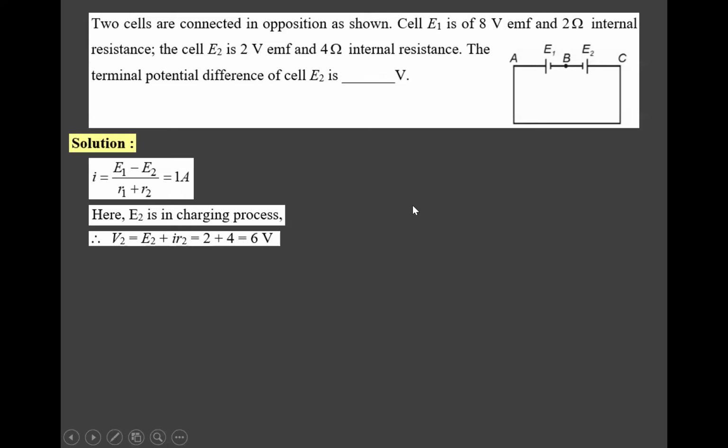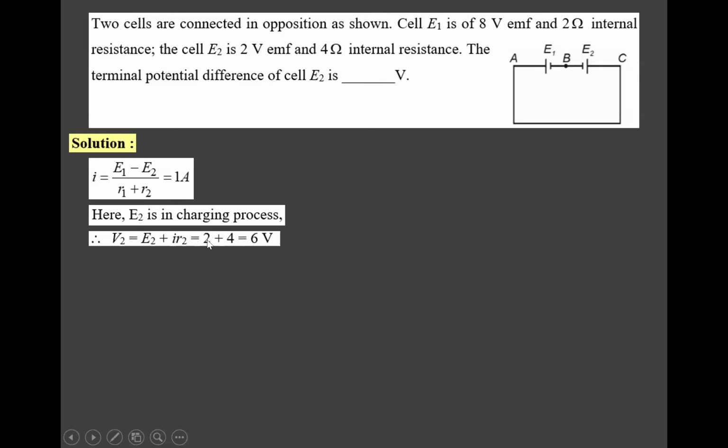Normally we write the equation for the terminal voltage, that is V equal to E minus IR. But here there is the charging process of this cell E2. So we have to write its terminal voltage V2 equal to E2 plus IR2.